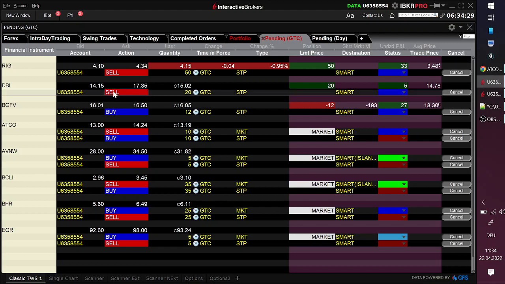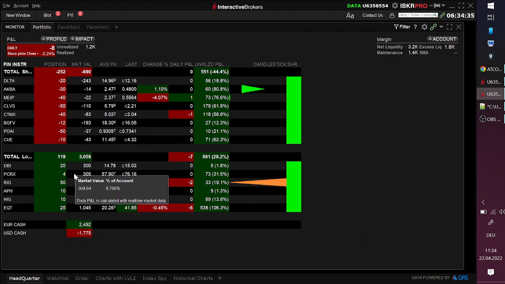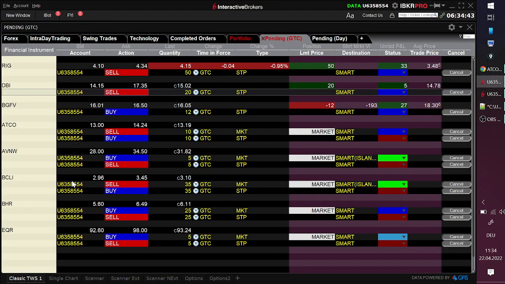What is the price of my stop loss? I cannot see that. Why is it so obscure? Alright, this will be another video once I have figured this out, but definitely would have to adjust the price of the stop loss.